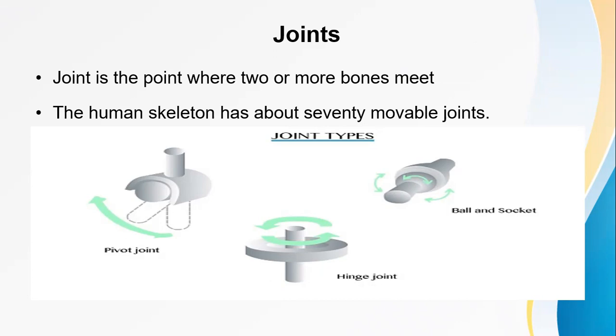Now, the human skeleton has about 70 movable joints, and these joints are grouped according to various types, such as follows. As you can see, there's a pivot joint, hinge joint, and the ball and socket joint. So we'll discuss these three of them as kinds of joints where bones meet within the body.